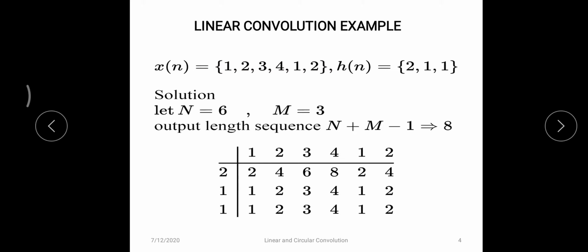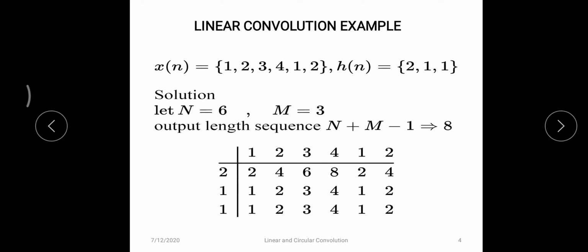Similarly, m is the length of h of n. There are 3 samples in h of n, so m is equal to 3. If we are performing linear convolution, the output sequence should have n plus m minus 1 samples. Here n is 6 and m is 3, so 6 plus 3 minus 1, that is 9 minus 1, 8. Your output should have 8 samples.